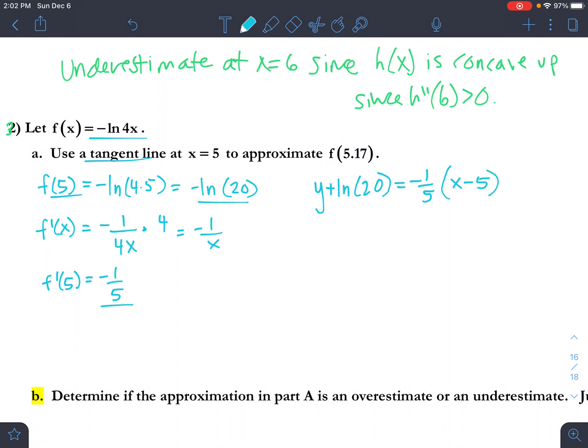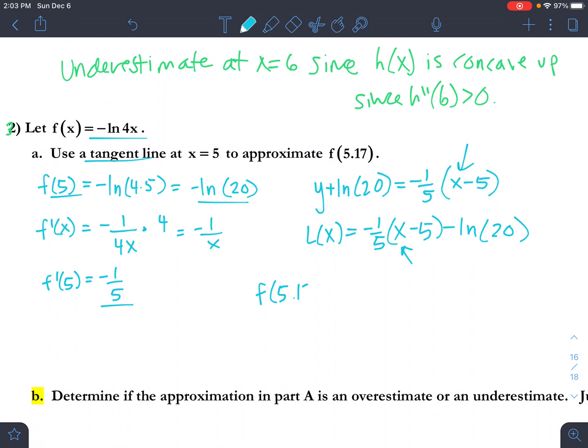All right, and again, that's the tangent line, so you could stop here in terms of finding the tangent line, or you could solve, and you could say L of x would be negative 1/5 times x minus 5, and then minus natural log of 20. So up to you. Okay, and the last step here, you're either going to plug it in right here, or right there, I'll do this linearization equation.